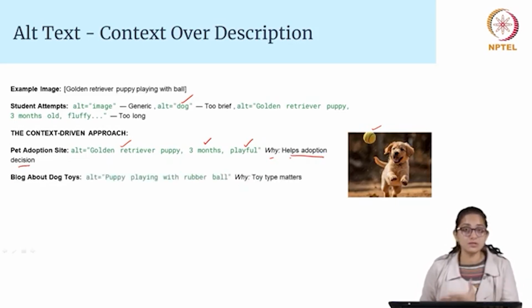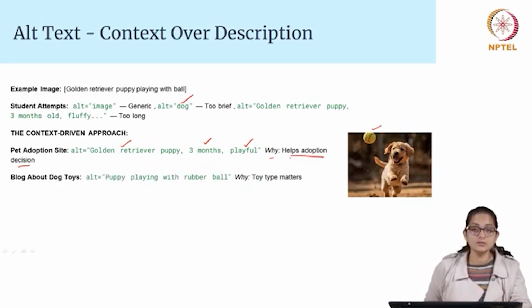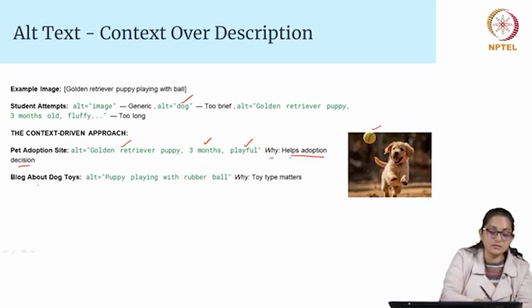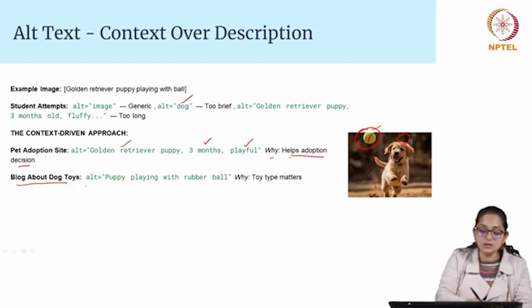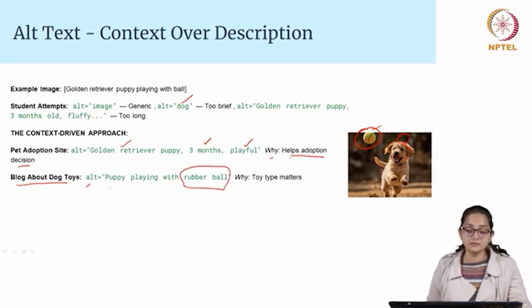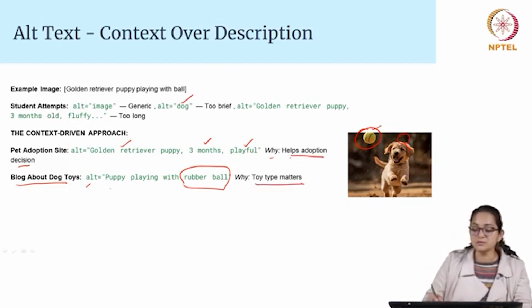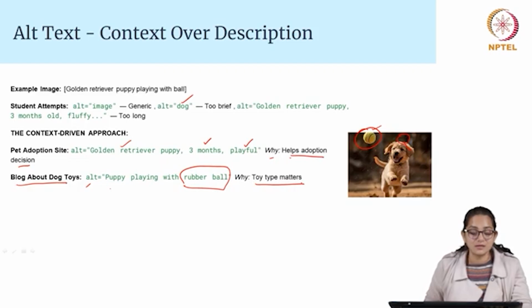Say this image is part of another website which is a different context. It is a blog about dog toys. Now the focus is not on the dog, it is about the toy. So then you say puppy playing with rubber ball. So now we are adding an adjective and a descriptor about the ball as well. Because here the toy type matters and that the dog is playing with that toy.